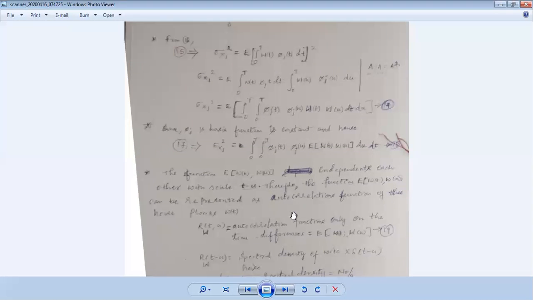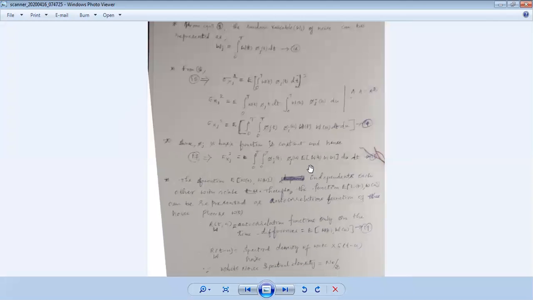So what will happen here? You have to use autocorrelation, because W t and W u are two different functions.